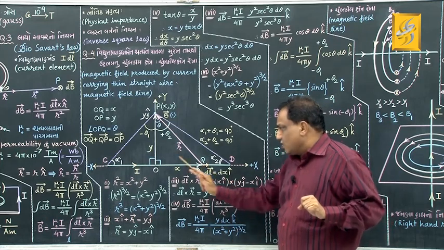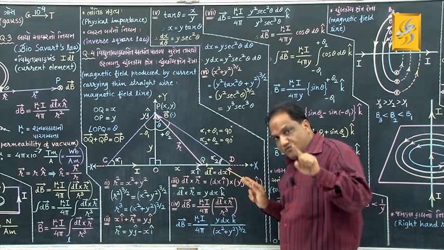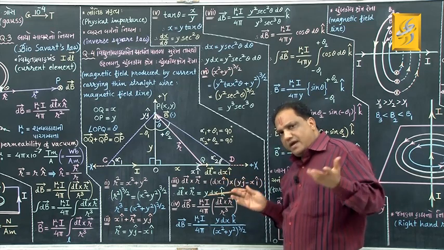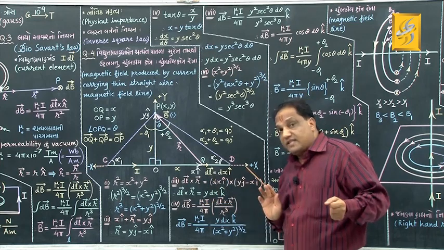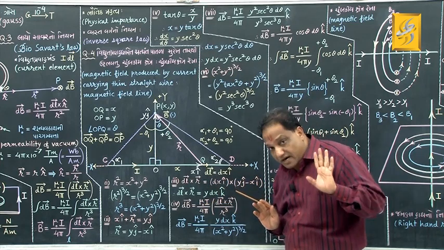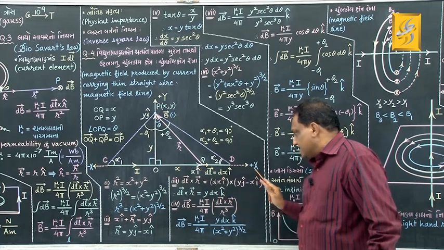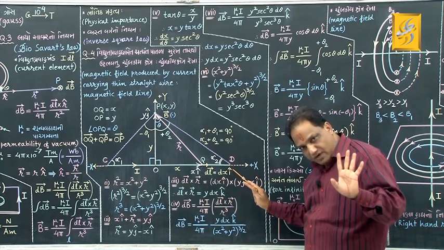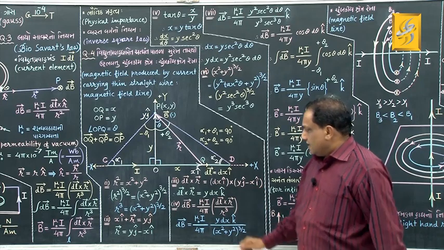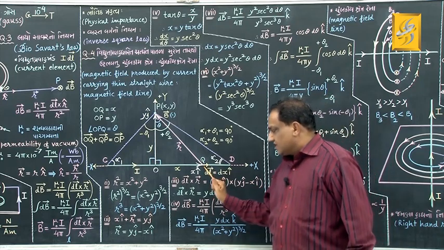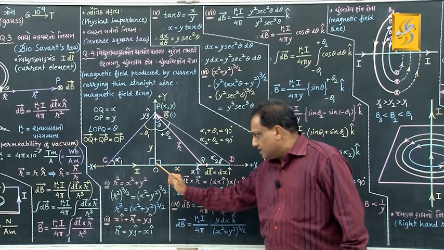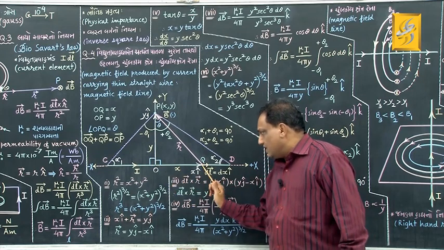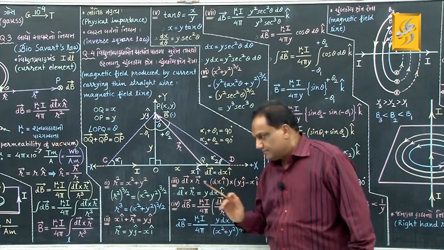Because this length is located on the x axis, we show the magnitude by the symbol dx. And the direction of the length element vector is the direction of current, which is right now the positive x axis, so the unit vector will be i hat. Got it? Now, the distance of this current element from the origin is, suppose, x. So distance OQ is x.